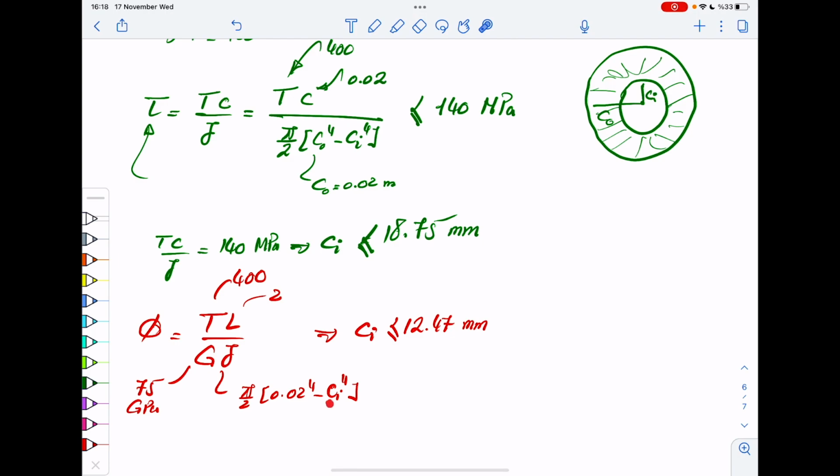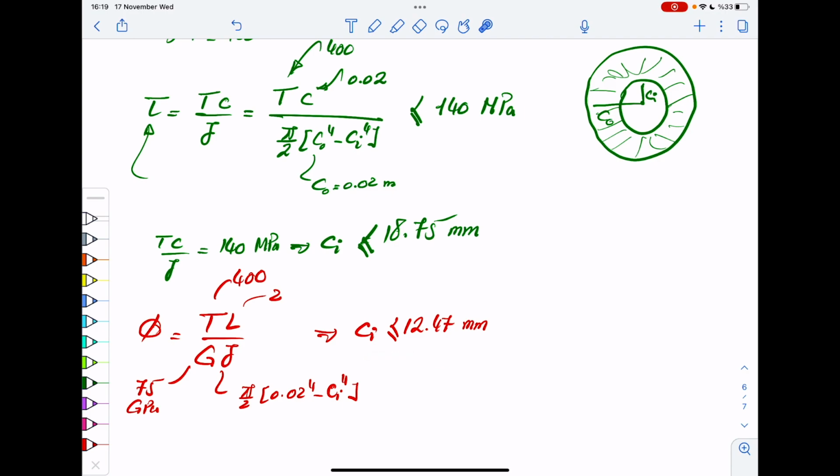If I decrease Ci, it would increase J, which would decrease phi, that is on the safe side. So any Ci less than this is also useful.